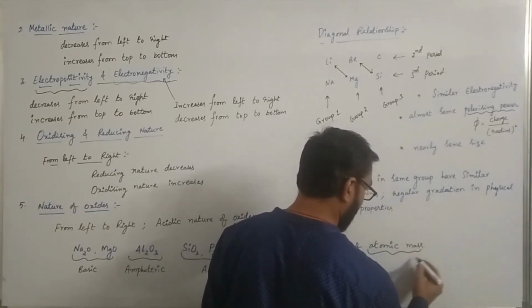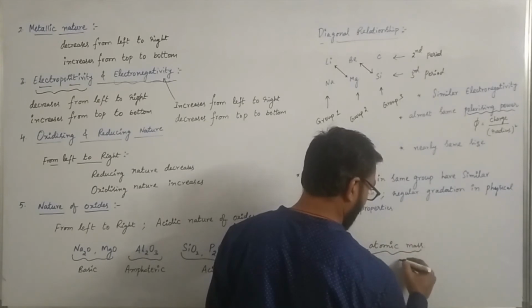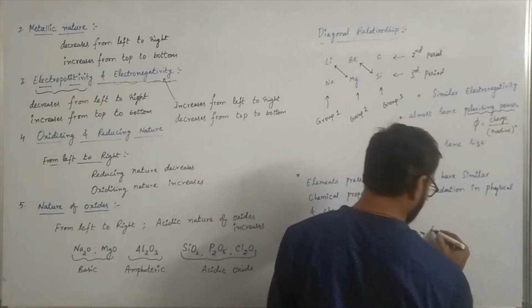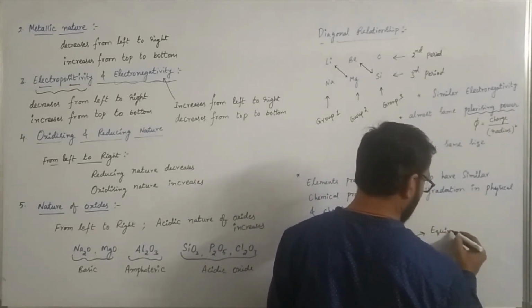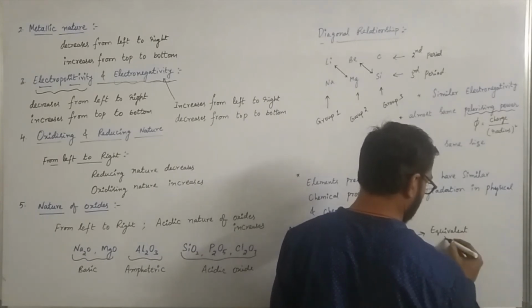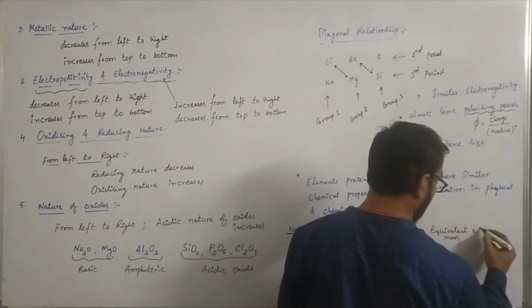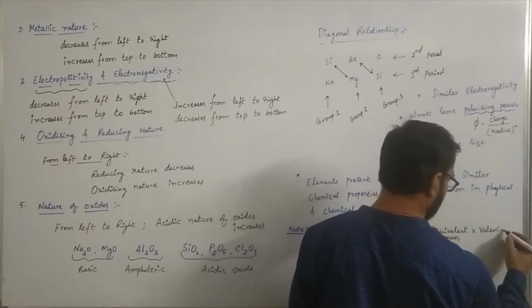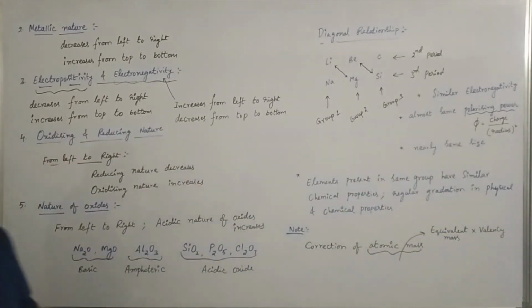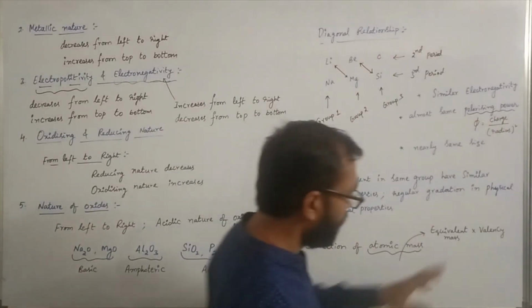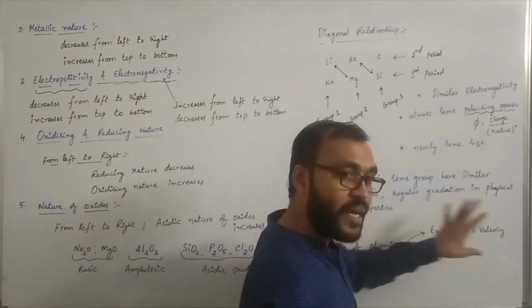Atomic mass is nothing but equivalent mass into valency. Earlier they assumed the valency of beryllium as 3, but it has been corrected to 2. Already we have seen in valency that group 2A elements have a valency of 2.